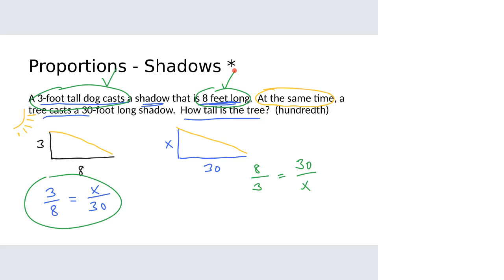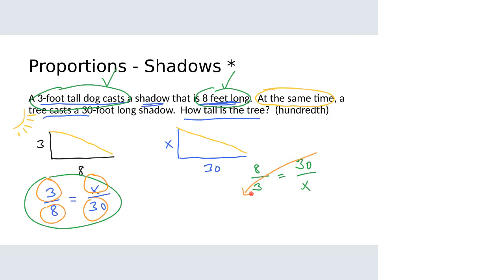That's completely fine. It's what I would expect. But I do want you to see that if you did it the other way, that's okay, as long as you're consistent. If you put height of the dog, you need height of the tree. Shadow, shadow. Similarly, over here, I put shadow, shadow, height of the dog, height of the tree. So I just need to be consistent when I decide to make my proportion.